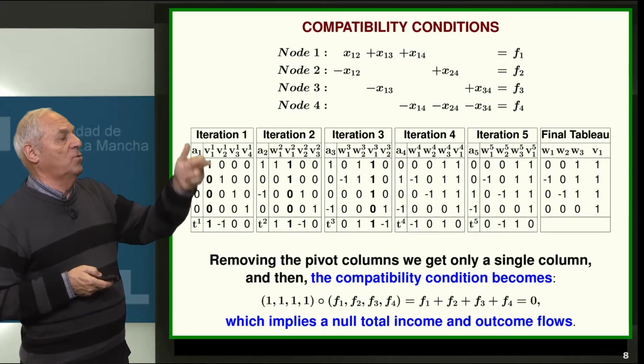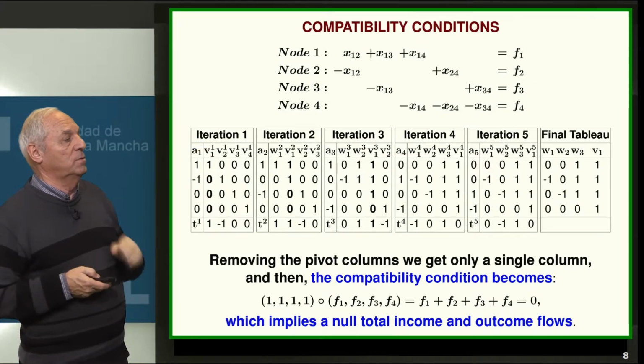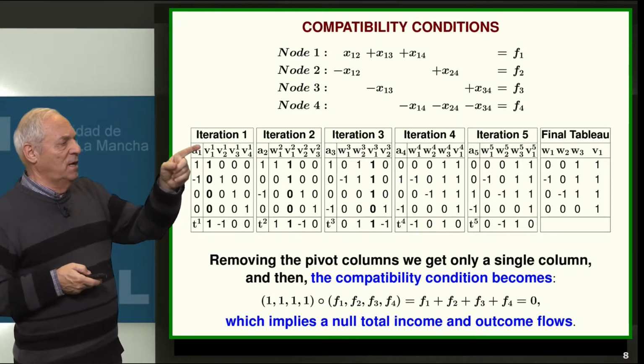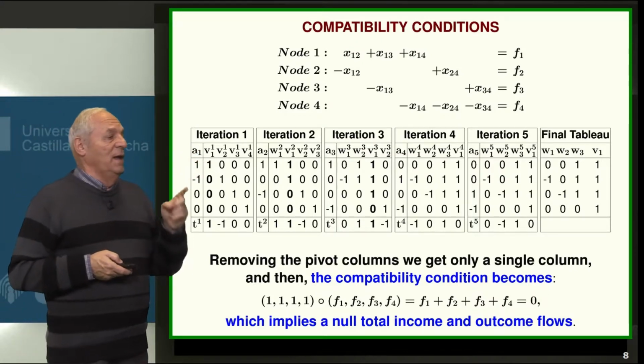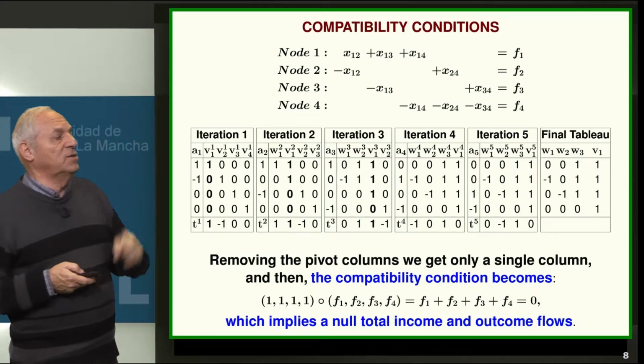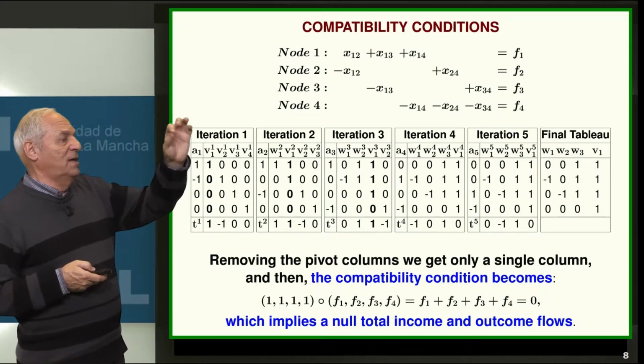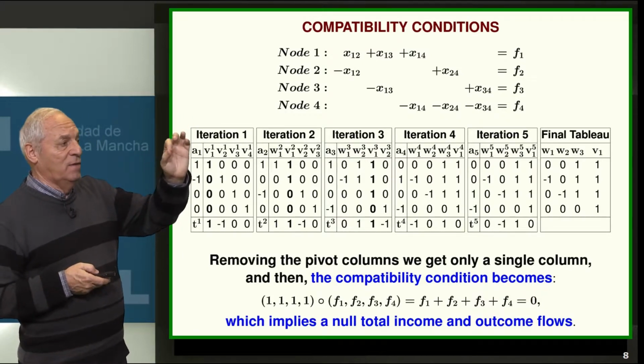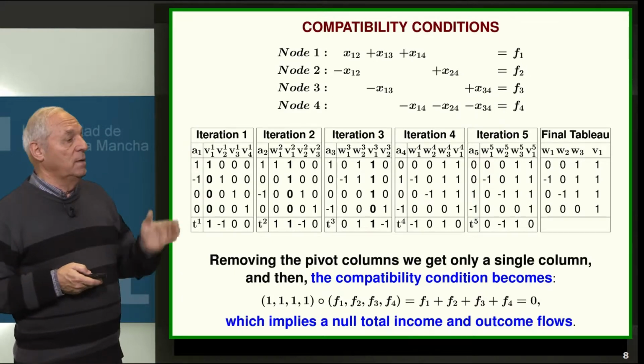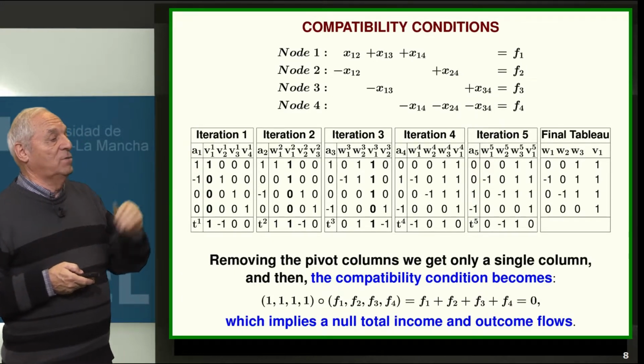We calculate the scalar products and pivot. In iteration 3, we have the vector a3, of the coefficients of x14, which is 1, 0, 0, -1. Check in the equations that these are the ones that come from unknown x14. In iteration 4, we use the coefficients of x24.